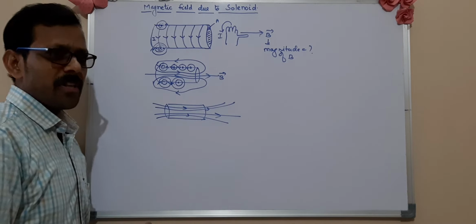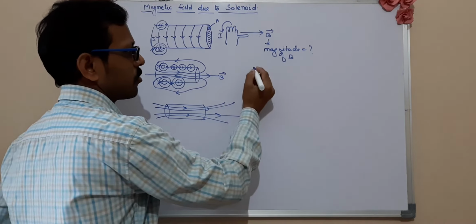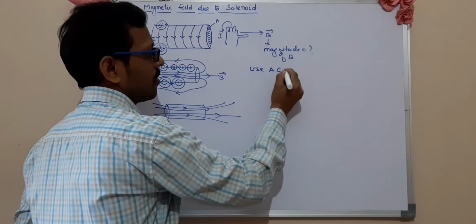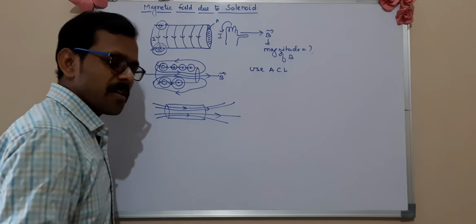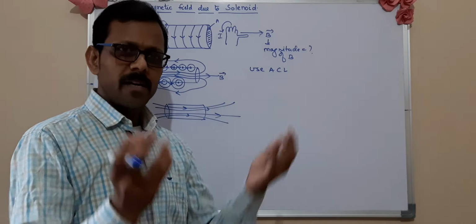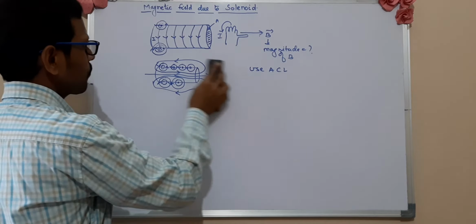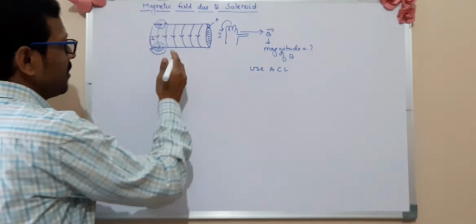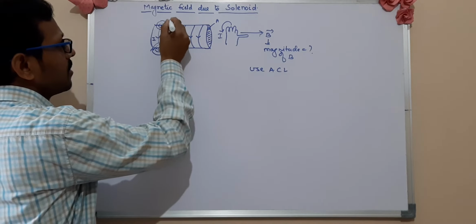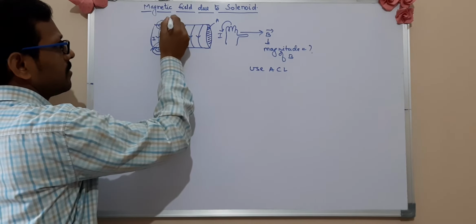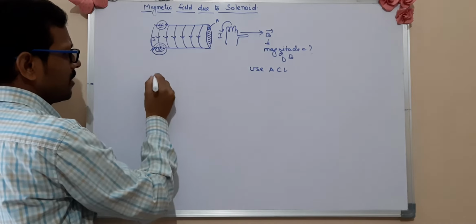To find this, let me use Ampere's circuital law. And to use Ampere's circuital law, we have to take an Amperian loop. So how to take this Amperian loop? Let me have this diagram and take it. So I am making it again here.